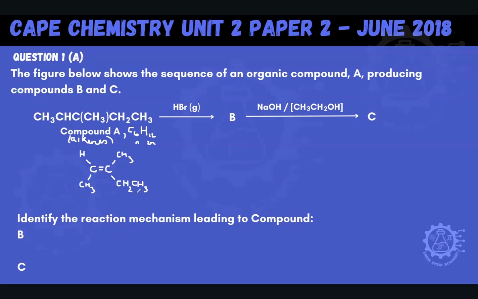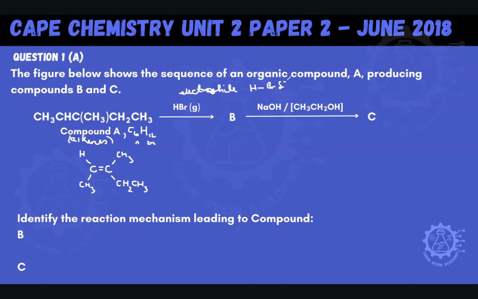If I'm going to get compound B from compound A, as we said earlier, it's an alkene. So there's a double bond there across which I can add this electrophile. So let's write that's an electrophile, right? HBr is an electrophile. Remember, it has the H portion and the Br portion.